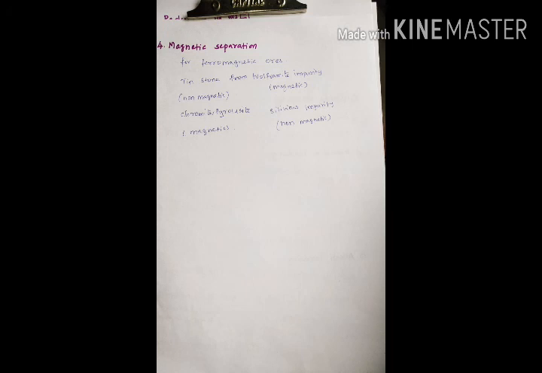If you take tin stone and a wolframite impurity, here the impurity is magnetic. It is attracted by the magnetic roller and it falls near the roller. Tin stone, being non-magnetic, is not attracted by the magnetic roller and it falls away from the magnetic region. Thus, we separate the magnetic and non-magnetic parts present in the ore.